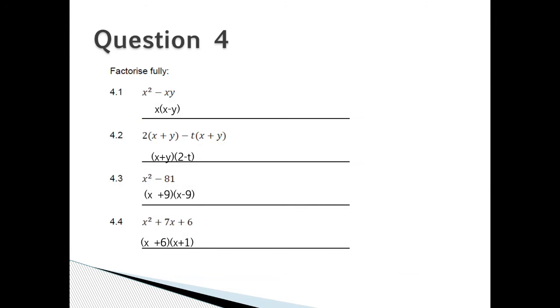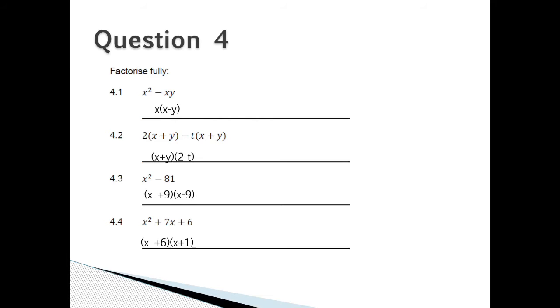For question 4.1, x squared minus xy, you take out the common term, which is x, and you're left with x(x minus y). In 4.2, you've got 2 times (x plus y) minus t(x plus y). You take out the common term, which is (x plus y), and you are left with (x plus y)(2 minus t). 4.3, you have x squared minus 81.